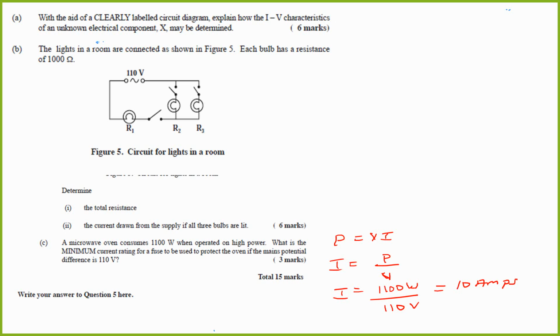And it also means that if the current was supposed to exceed 10 amps, then the fuse would essentially break at that point, because the fuse you're using is a 10 amp fuse, right?